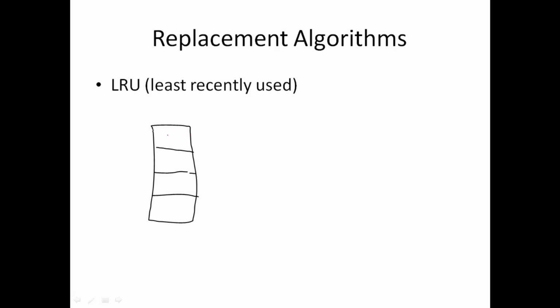One data item, A, comes and is written here, and its counter is 0. Then the next one, B, comes. B is placed here, its counter is 0, and A's counter increases to 1.